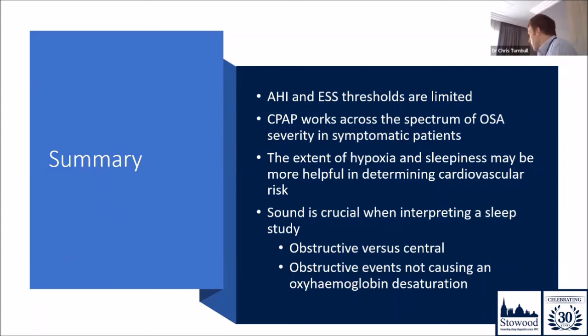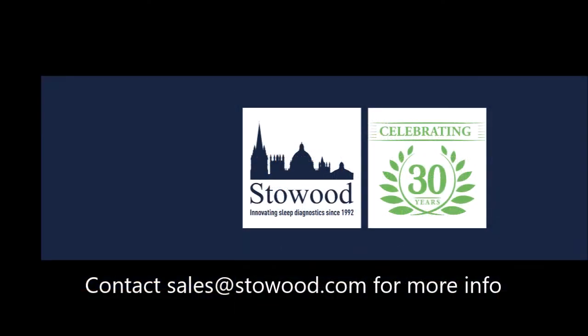Those patients you can move through and be satisfied you've got the correct diagnosis quite quickly. But with patients where things are a little bit more grey, I'm afraid you just have to go in and listen to the sound and look at the study in detail to get the right answer.